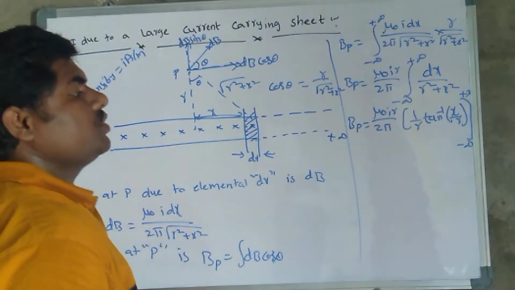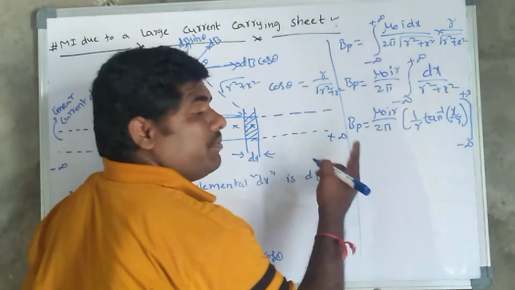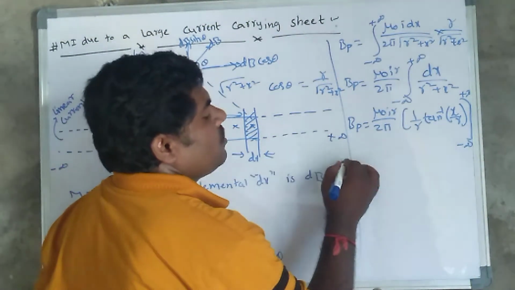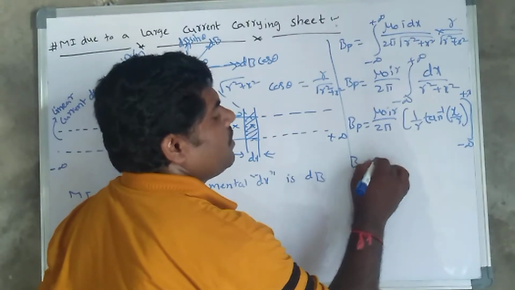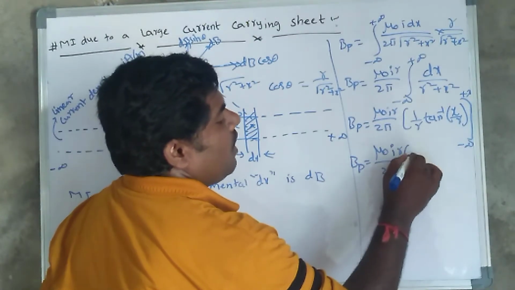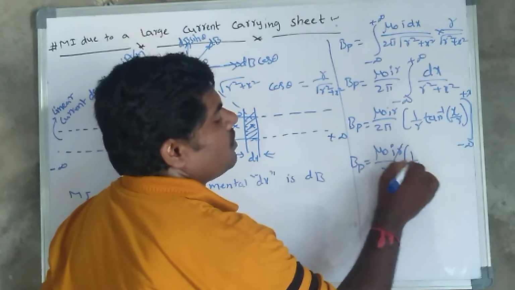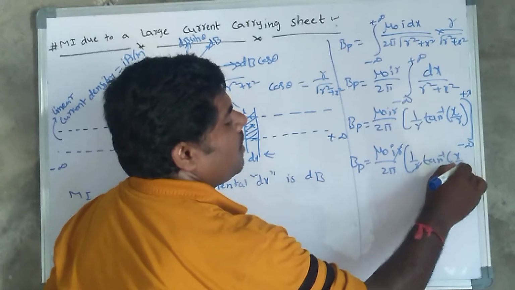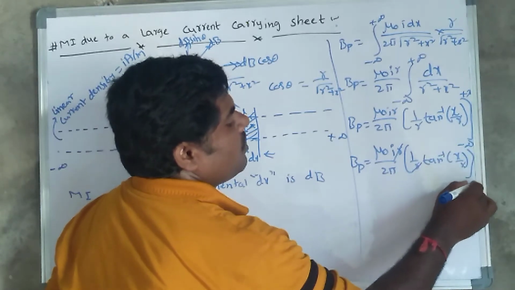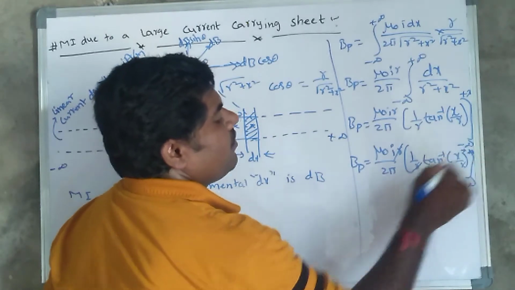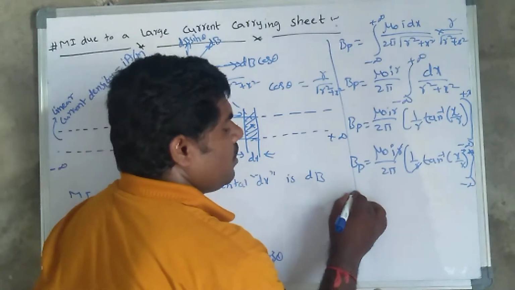The r gets cancelled. Higher limit minus lower limit.